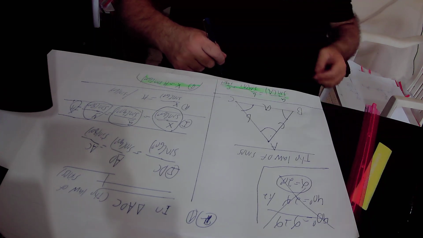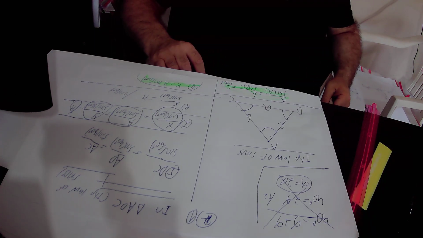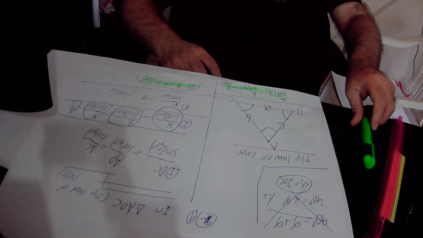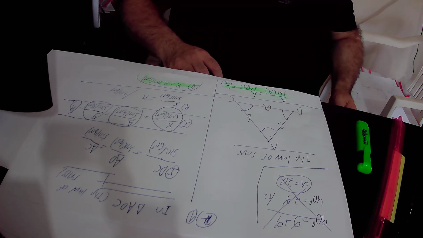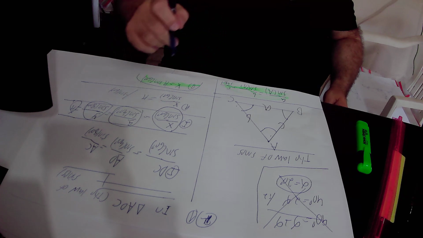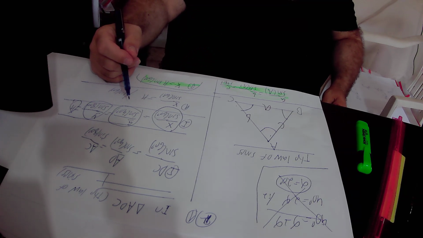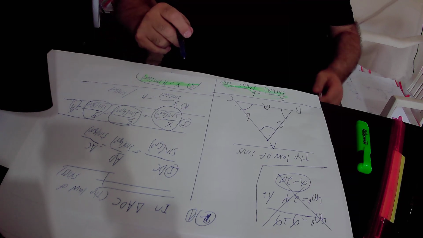But here we have to do another step. We actually have to substitute x, y, and a by the values that we found out for x, y, and a.